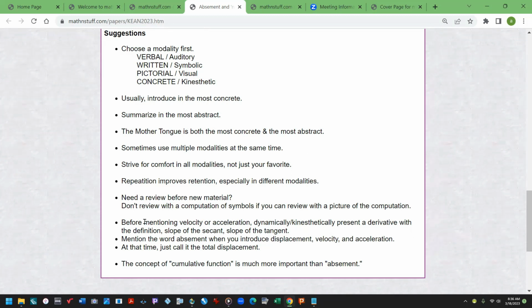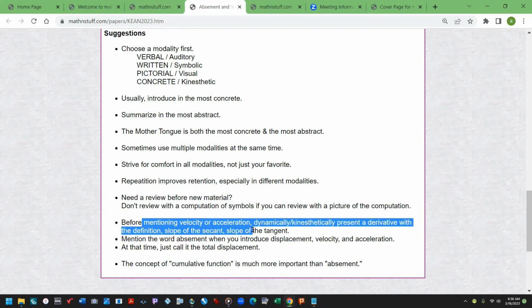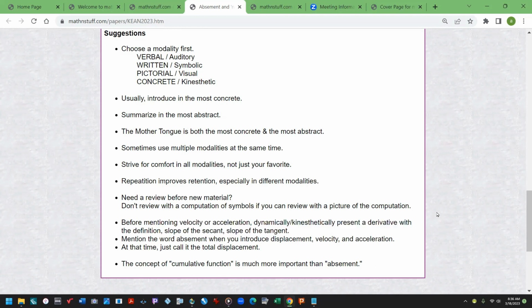When you do begin mentioning the words velocity, acceleration, derivative, and second derivative, when you present the definition of slope, definition of derivative, and the slope of the secant and slope of the tangent, at that time, also mention the word absement when you introduce displacement, velocity, and acceleration.